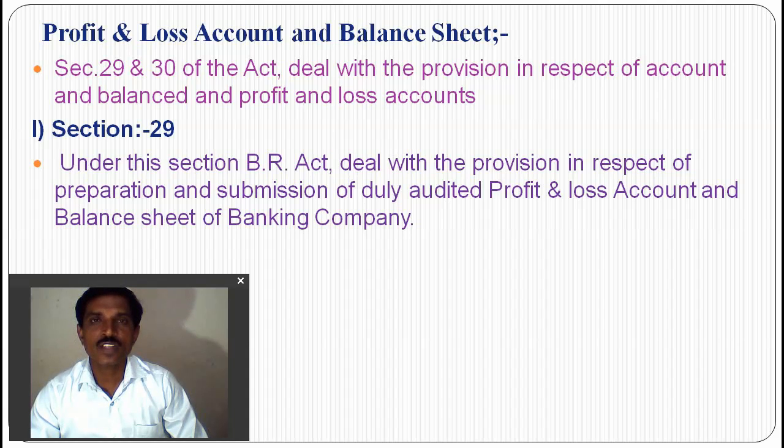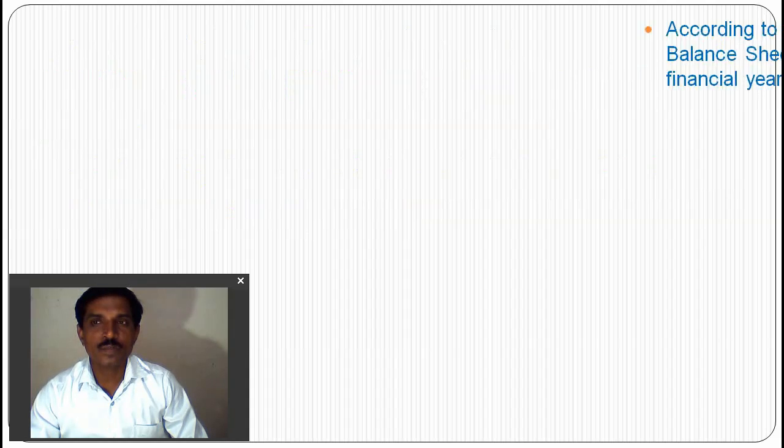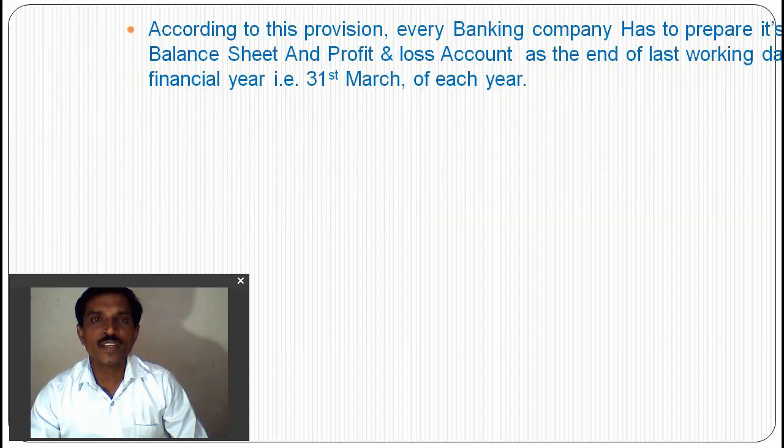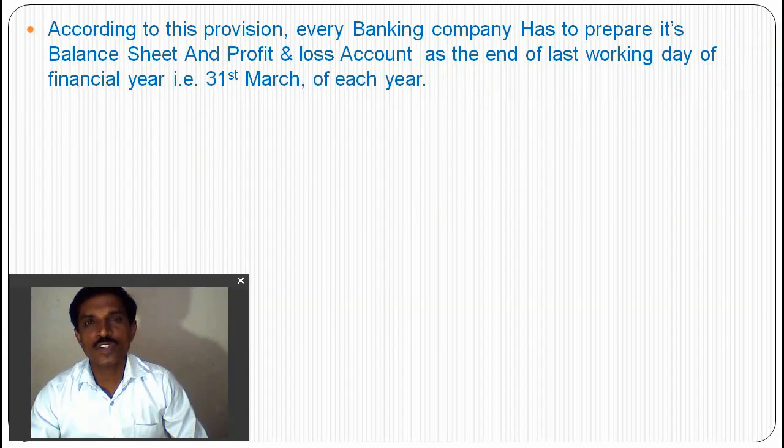Under section 29, every banking company prepares its balance sheet, duly audited, within the given period. Section 29 also provides that every banking company has to prepare its balance sheet and profit and loss account at the end of the last working day of the financial year, 31st March of each year.